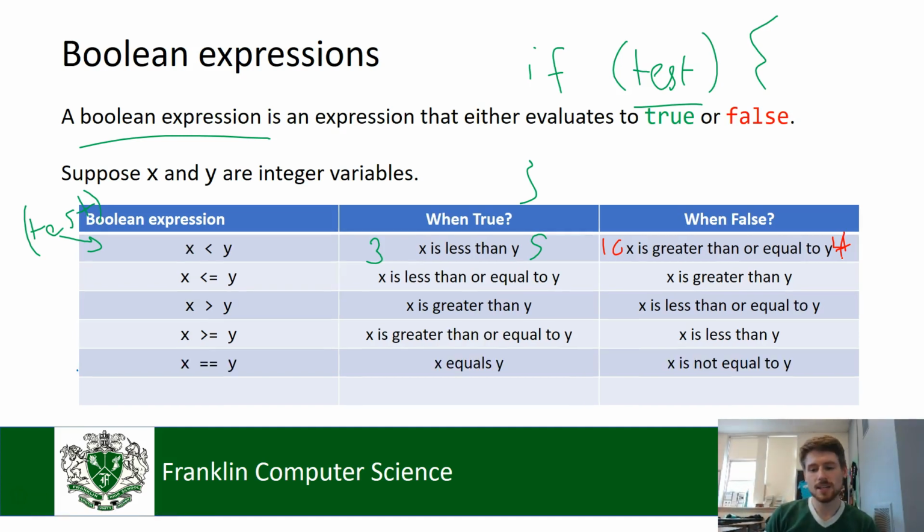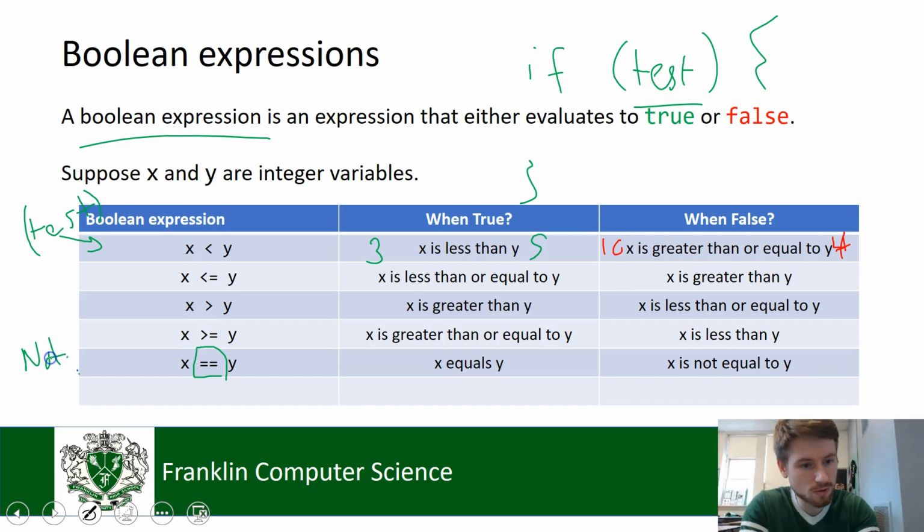Okay, x equals y is a tricky one because equals has two symbols. There are two equals right there, because remember, a single equals means assignment. So note two equals. This is very easy to mess up initially, and it just takes some getting used to.